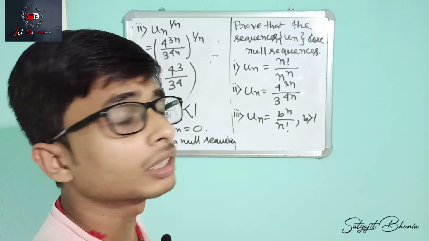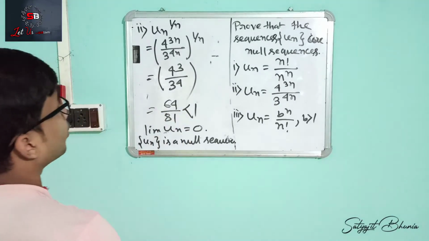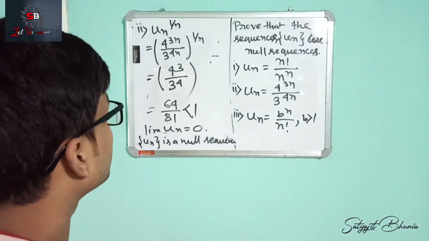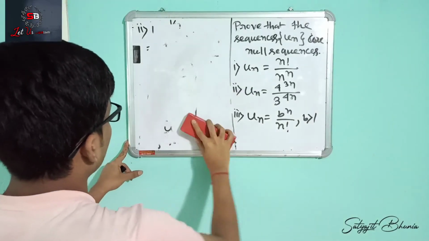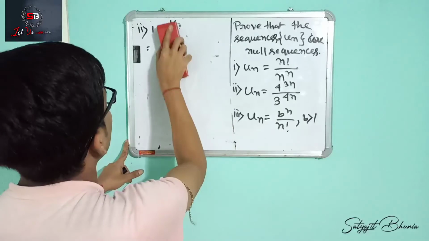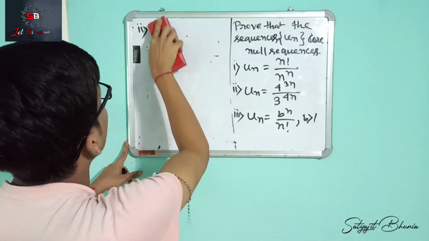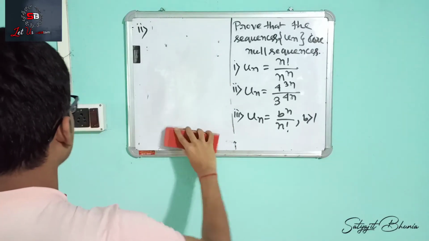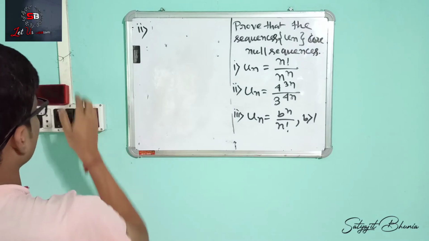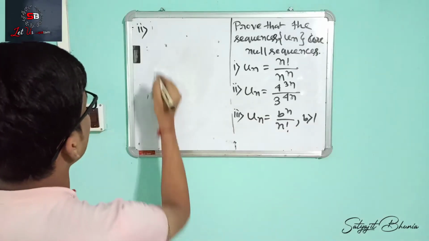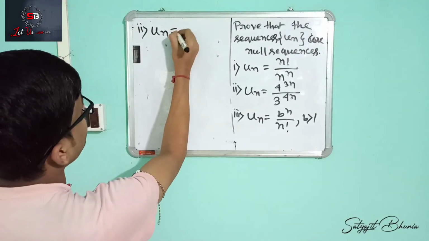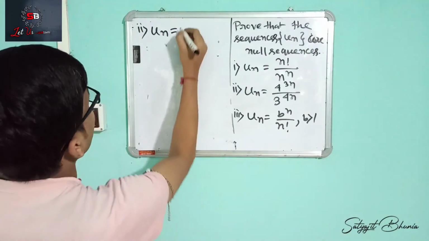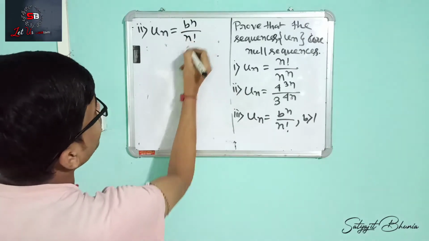Okay, let's do the third one: un is b to the power n by n factorial.